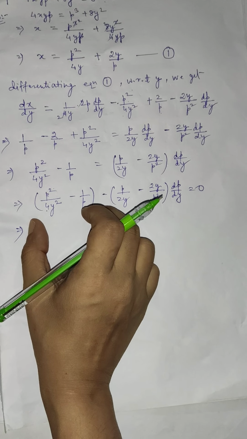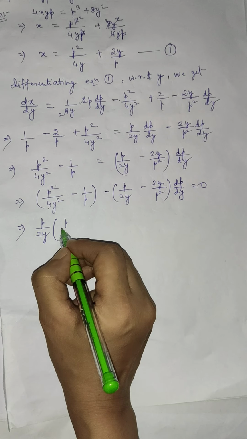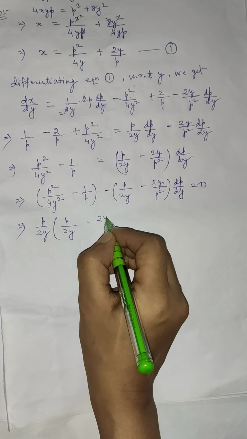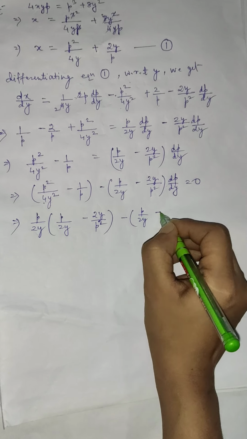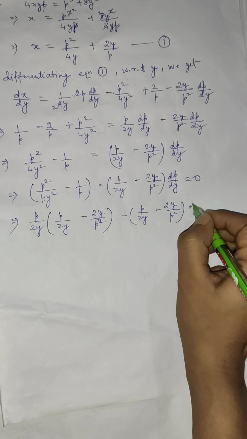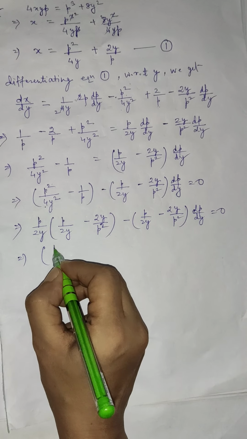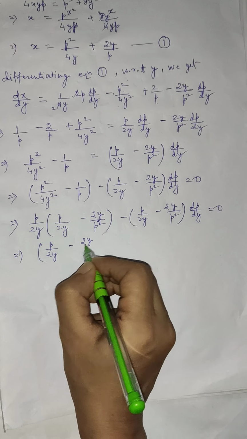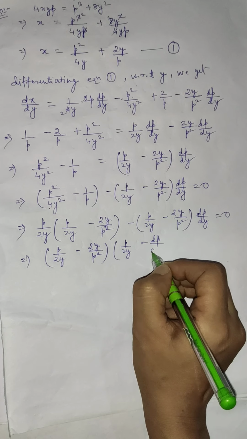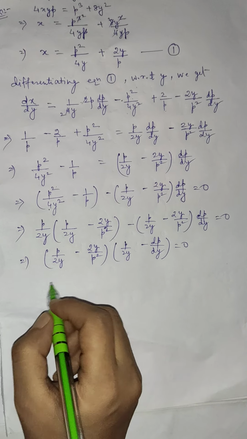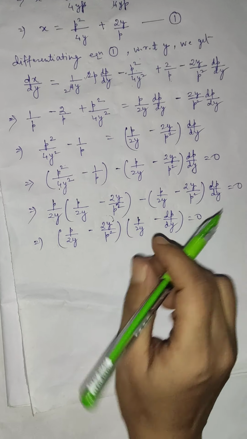So from this, if we take p by 2y as common, we will get p by 2y minus 2y by p square into p by 2y minus dp by dy is equal to 0. Now this factor will be considered to find the singular solution. So we will take the second factor.